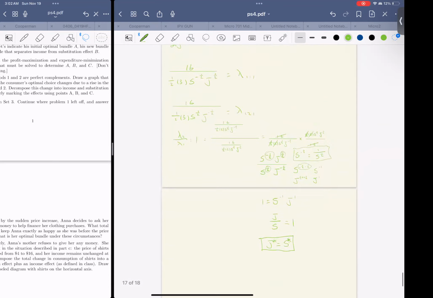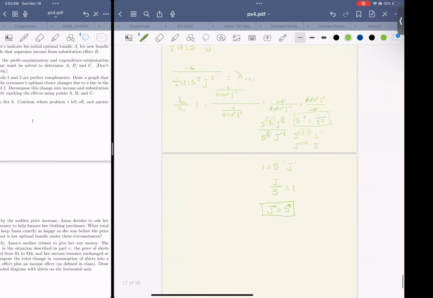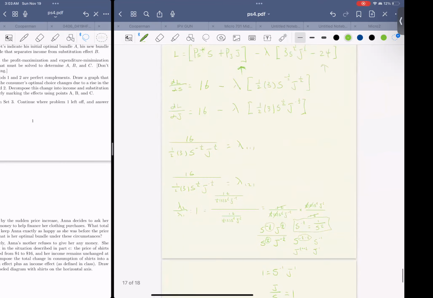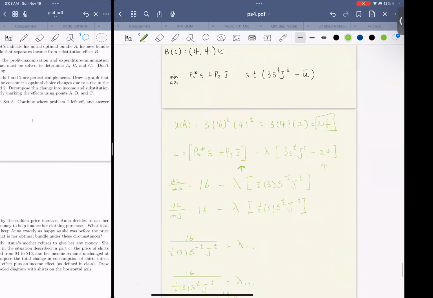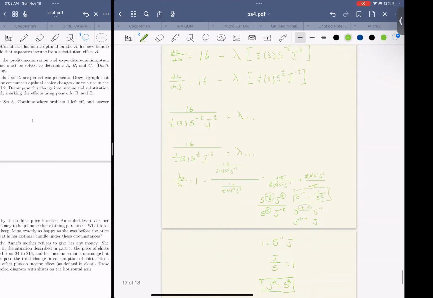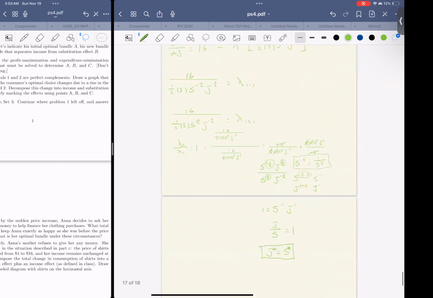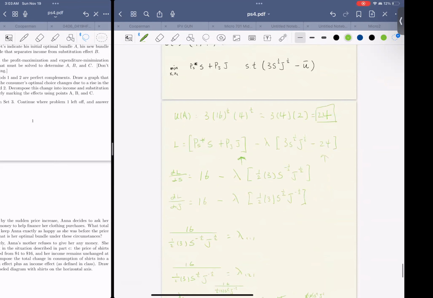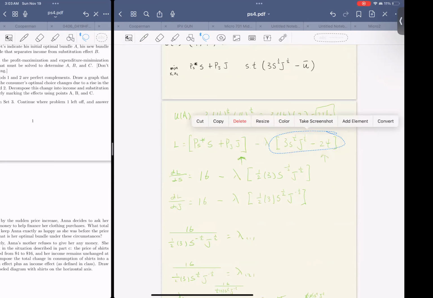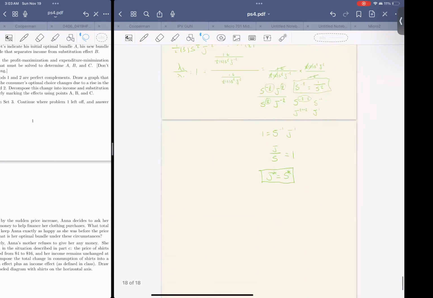Okay, so we have that, and then this is where it's tricky. Before we plugged it into the budget, but now we're plugging into the utility. We found the ratio, and we're plugging it into the utility.